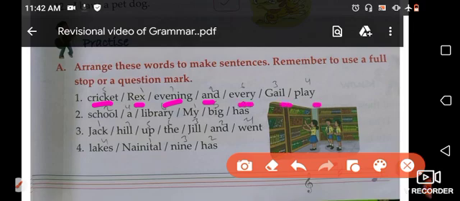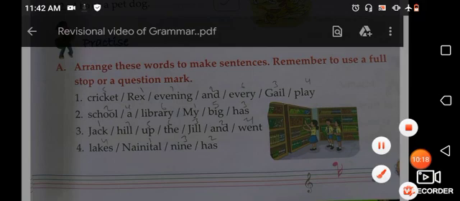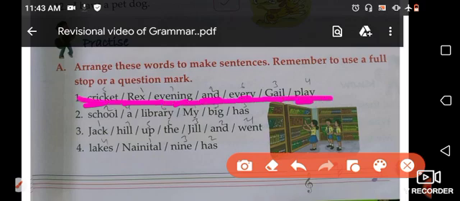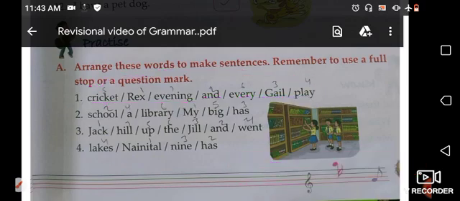So what will you write? You have to arrange these words. It would be Rex and girl play cricket every evening. And it will become a complete sentence.